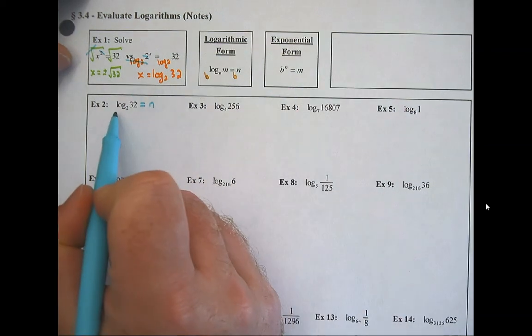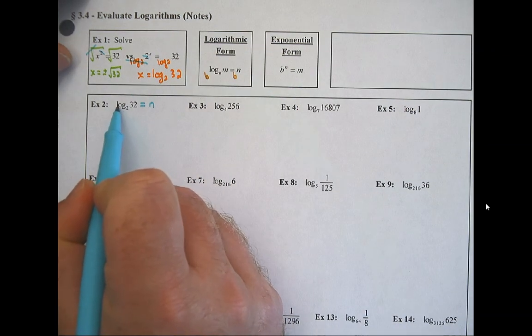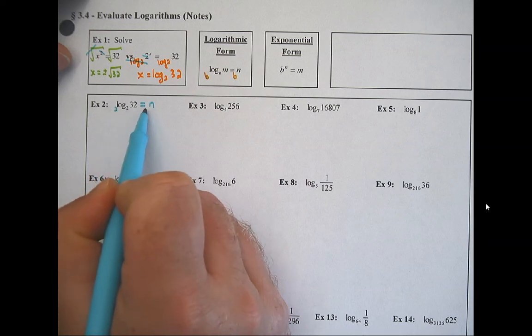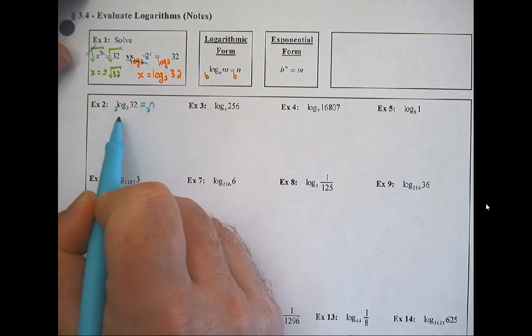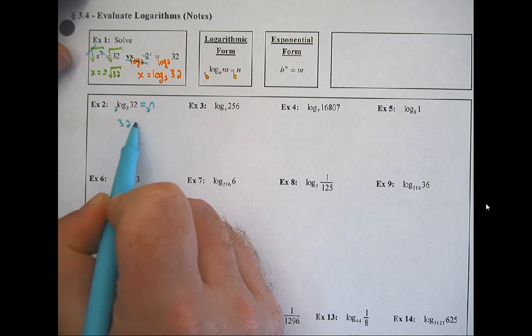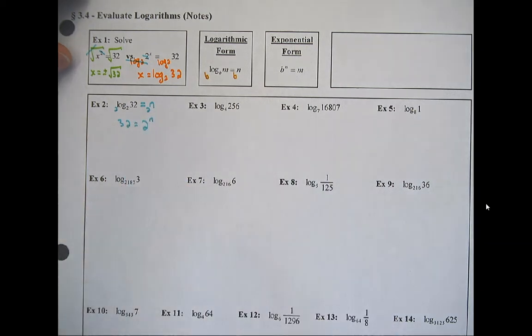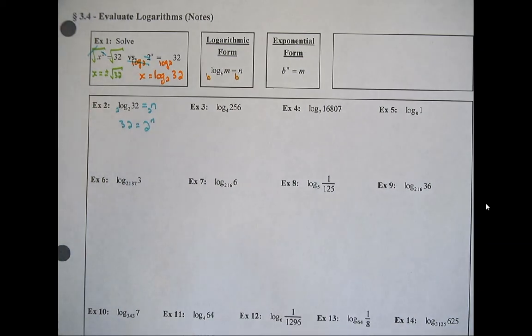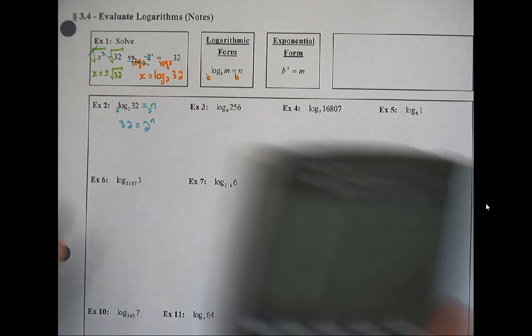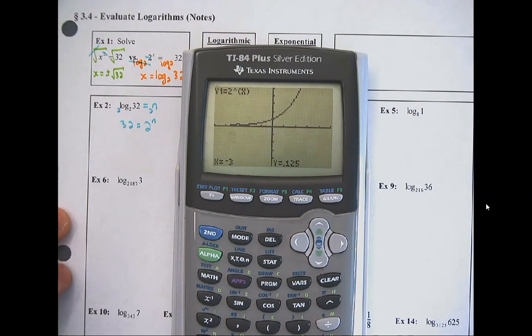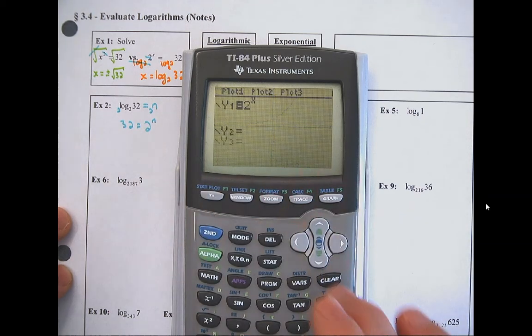Another way to think about this is to kill off log base 2 with a 2 to the. So now I have the statement 32 equals 2 to the n. Now this is something I could manage. I probably can't do it in my head, but I can grab my calculator at this point and start to play around.